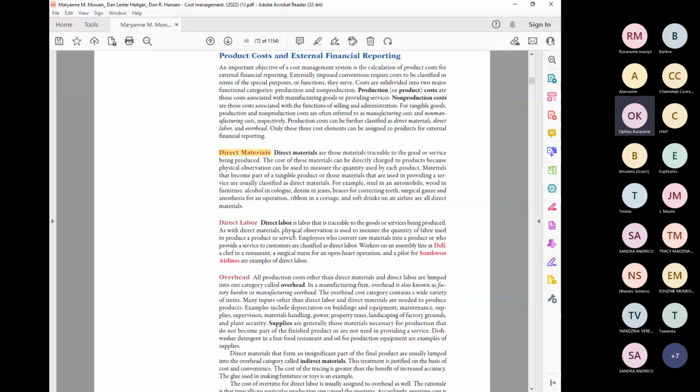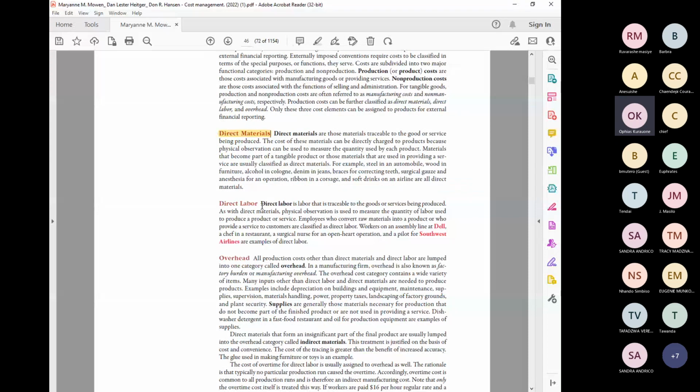Then direct labor. There are people who are directly involved in the production of goods and services. People who handle the material, carpenters who make sure that they are making the table. That is what we call direct labor.